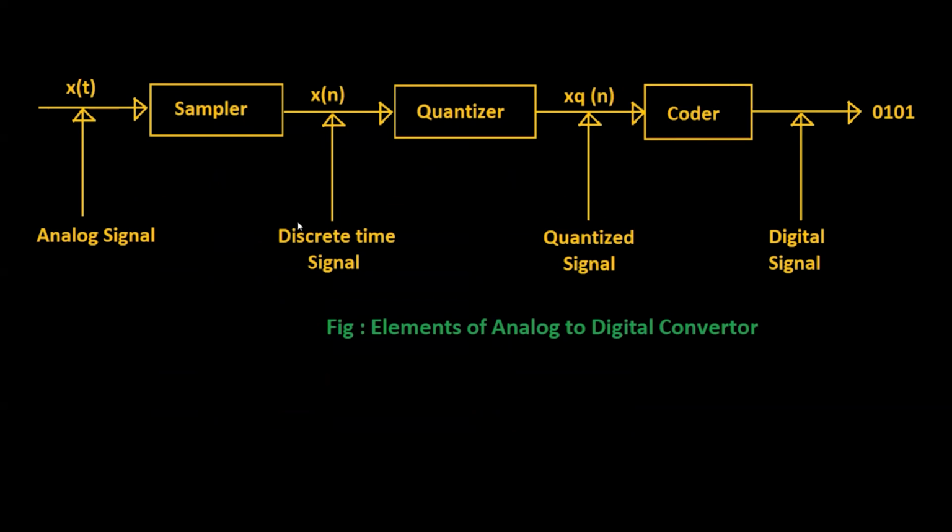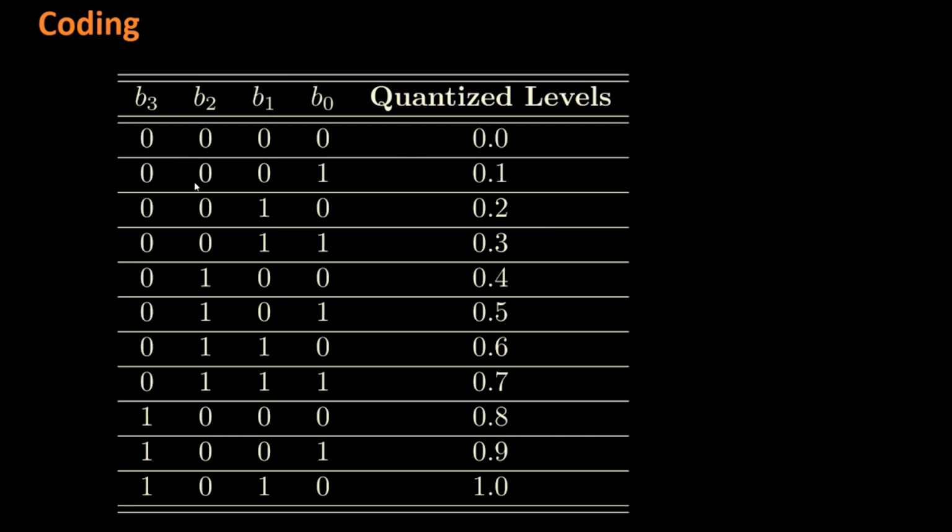The selection of a coder depends on the availability of hardware and the specific requirements of your digital system. In our example, since the quantization levels range from 0 to 1 and there are 11 total levels, we need a minimum of 4 bits to represent them accurately. That is why we selected a 4-bit coder for this case.